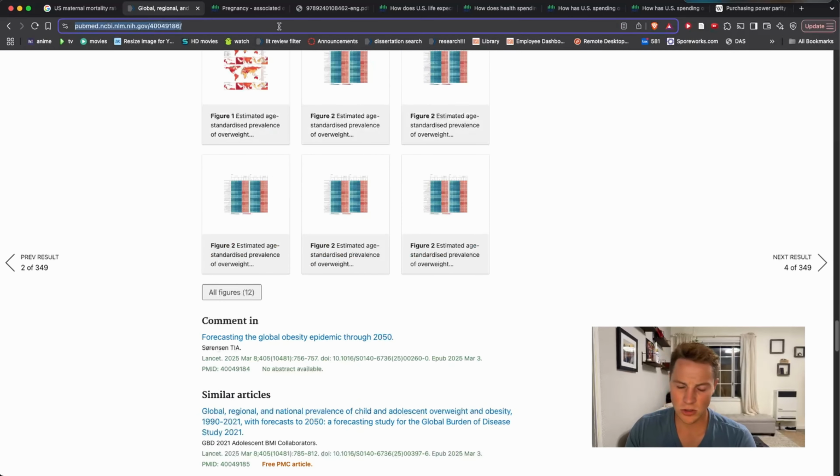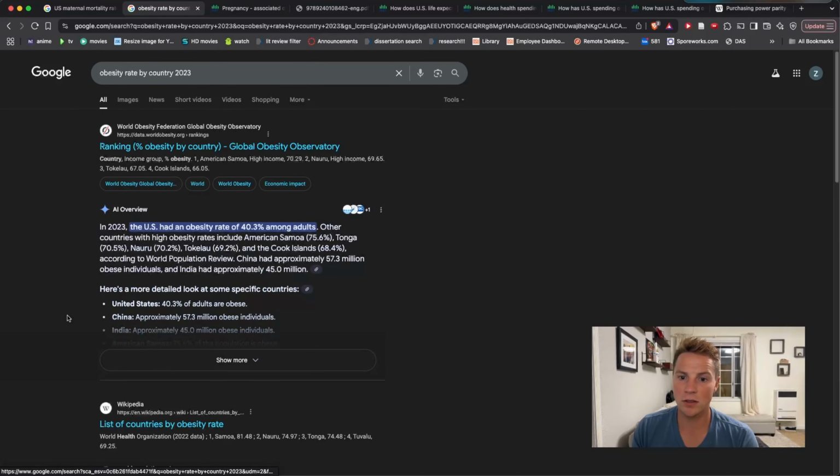You know what? Let's just go obesity rate by country 2023 and look it up here. worldobesity.org. I don't know about this website. I've never used it before. United States. 10th. According to this website, the United States is currently sitting at 10th. That sounds about right to me.